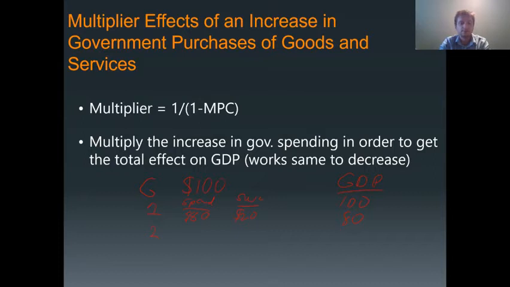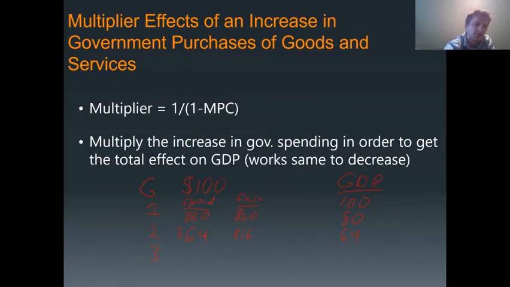So that means they are going to spend $64 and they are going to save $16. That $64 has now been added to GDP. That $64 gets spent on a toy truck that person three has.